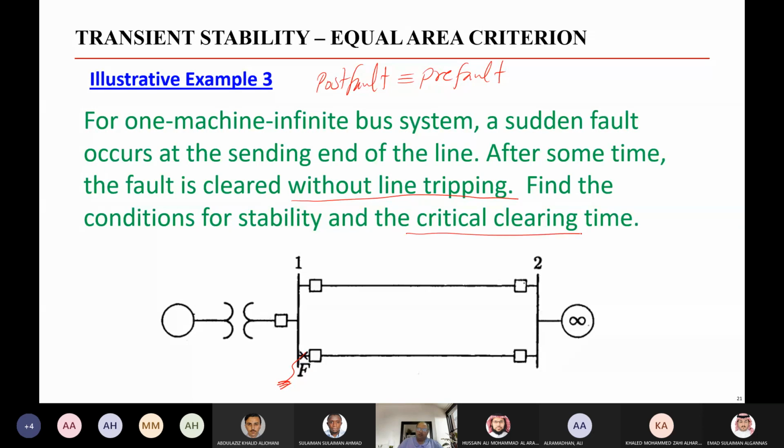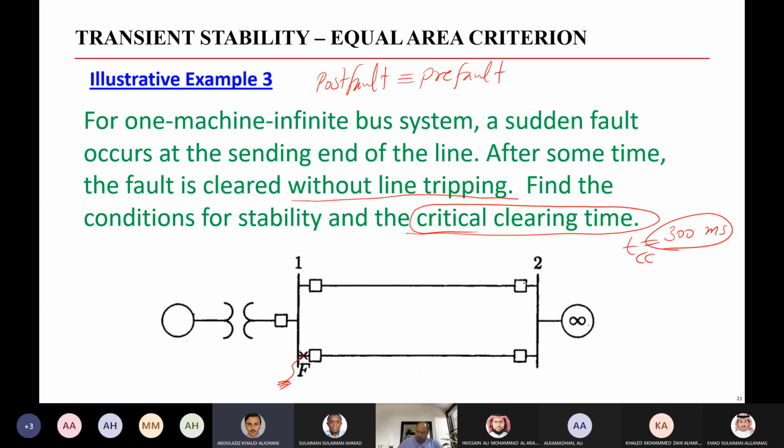And this is, as we mentioned, a very important piece of information needed for the protection relay settings. We need the relay to operate before or after? What do you think? If you calculate, for example, the critical clearing time to be 300 milliseconds, what do you think, Abdulaziz, Khalid?